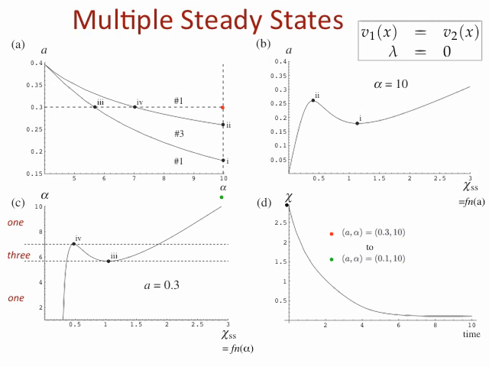Panel D shows a dynamic simulation where I start out at the red point in the parameter space in panel A, where alpha is 10 and A is 0.3.